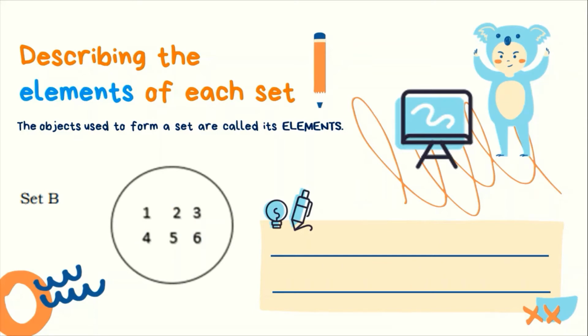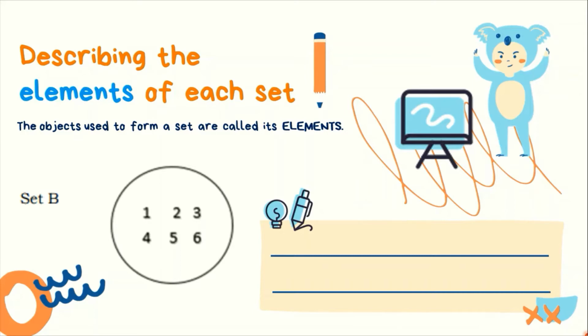We also have another set. This time we have set B. At yung kanyang elements ay 1, 2, 3, 4, 5, and 6. Para ma-describe naman natin ang set B, obserbahan ulit natin yung mga elements niya. We know that 1, 2, 3, 4, 5, and 6 are counting numbers.